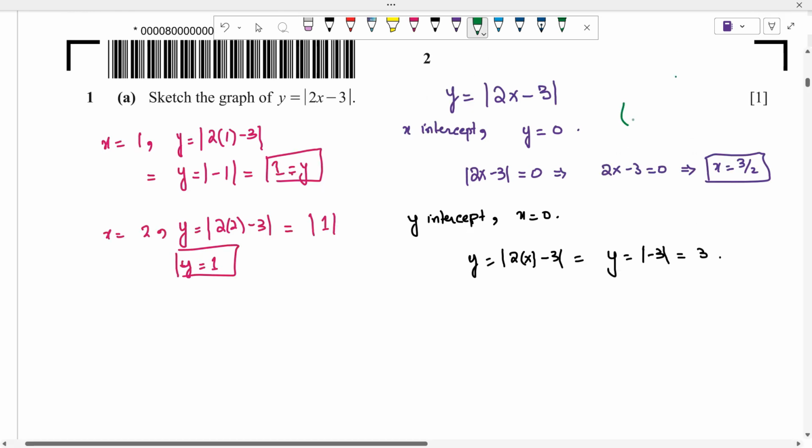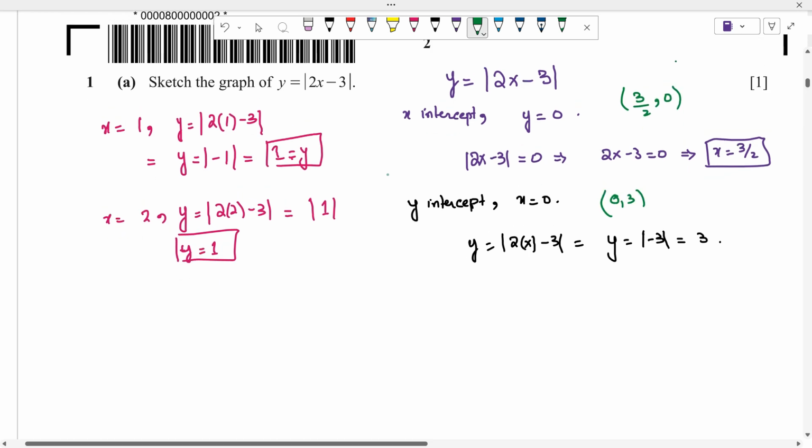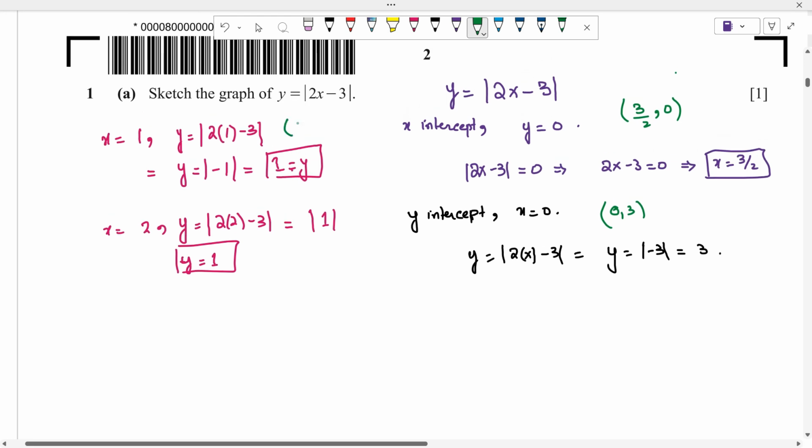We have the point 3 over 2 comma 0, the point 0 comma 3, and when x is 1, y is 1. When x is 2, y is 1.